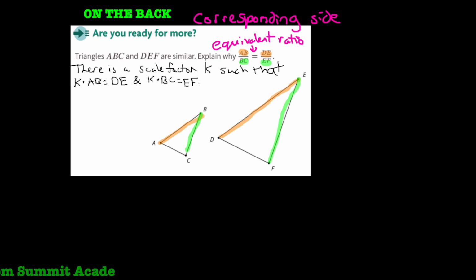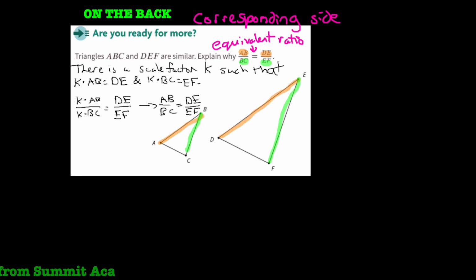That means that if we have the ratio k times AB over k times BC, that would give us that ratio of DE over EF. Notice how I can reduce that. That would give us our original goal of AB over BC equals DE over EF.